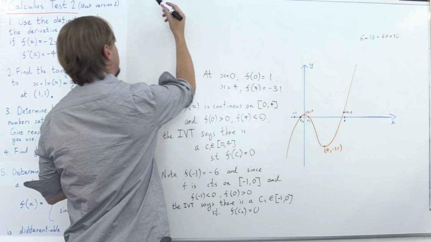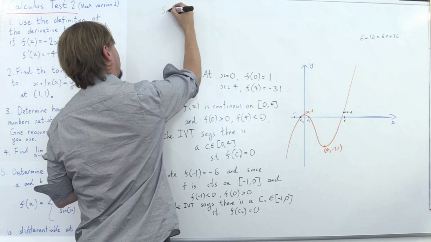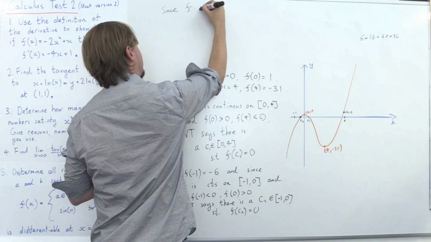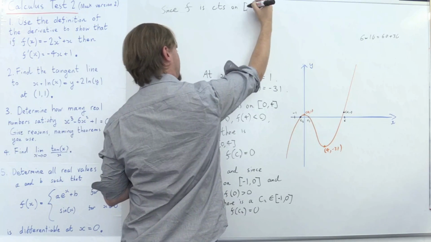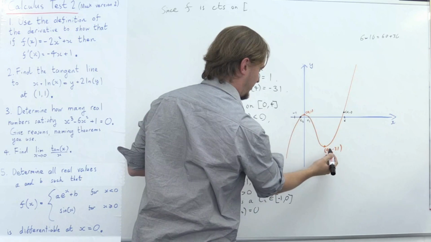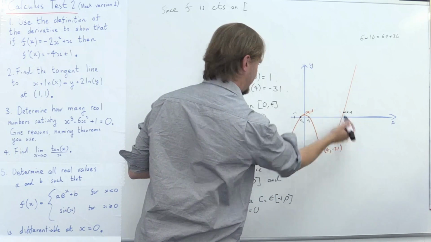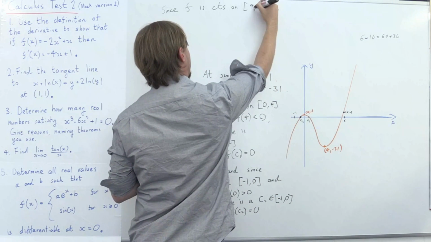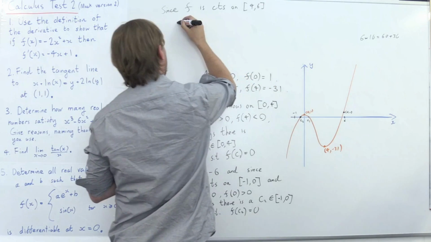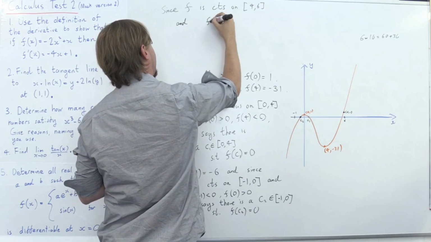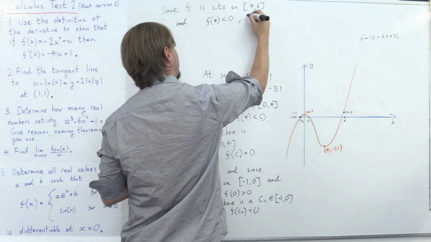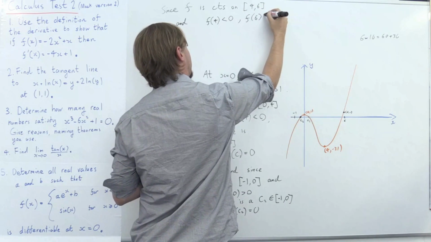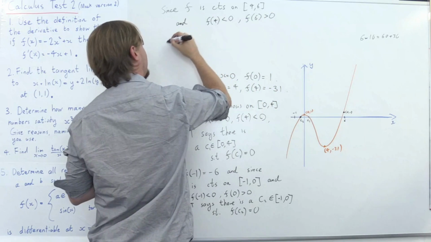So I'm just going to state again, since f is continuous on, in this case I'm looking from 4 to 6, so the interval I care about is [4, 6], and we had that f of 4 is minus 31, less than 0, and f of 6 was greater than 0.